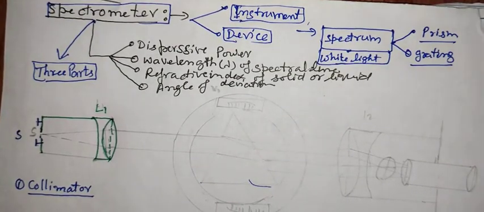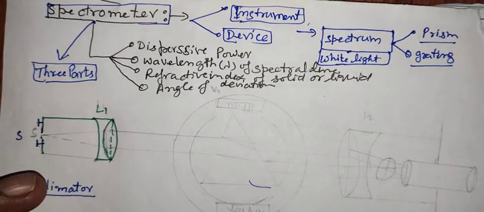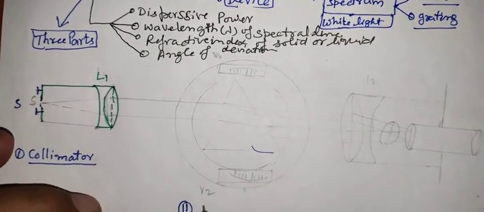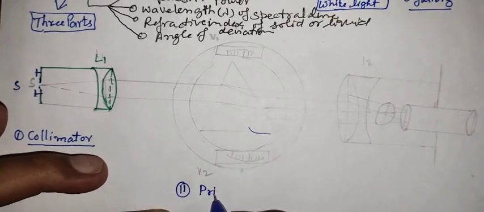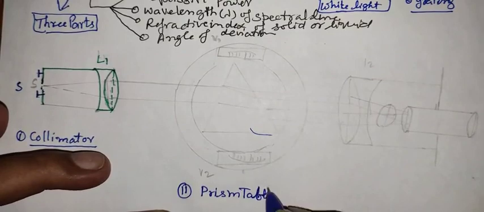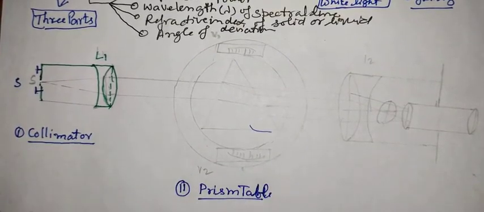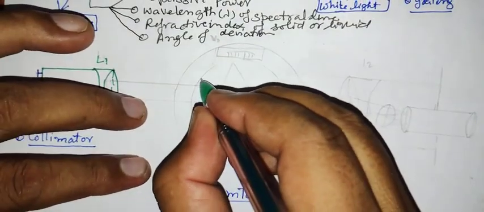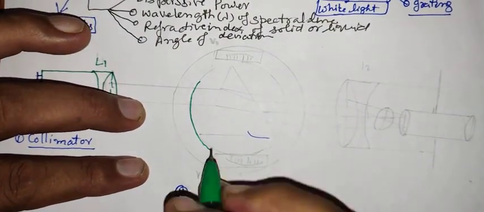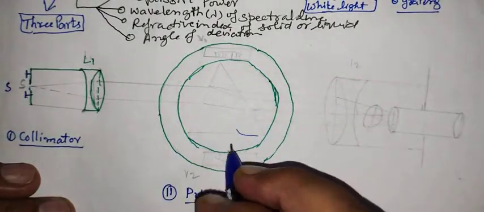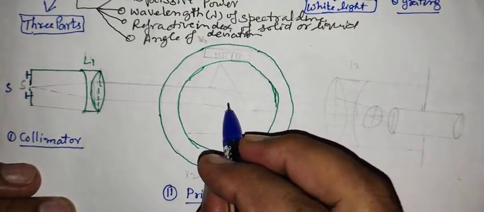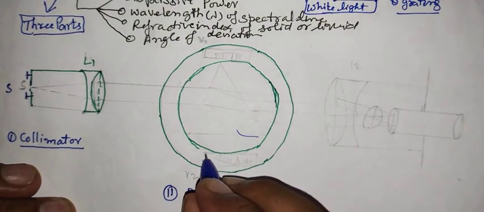Now see the second part of the spectrometer, that is called the prism table. In this prism table, see here, it is a round table. This round table is free to move around the axis that passes through the center.